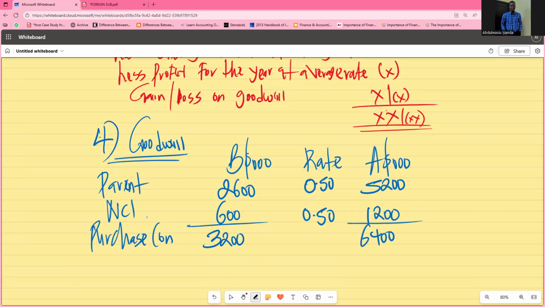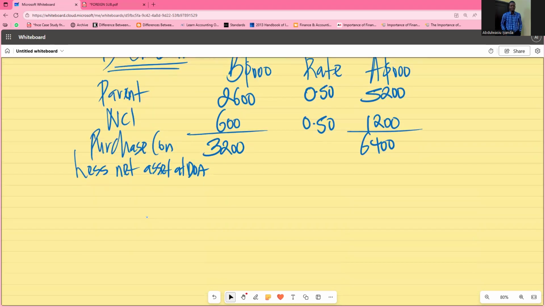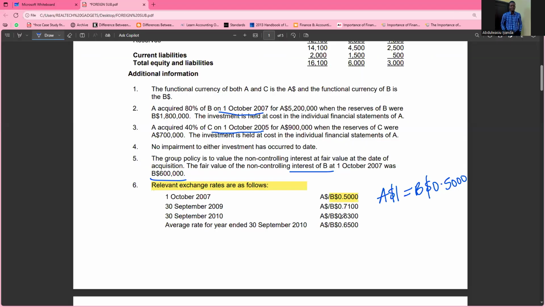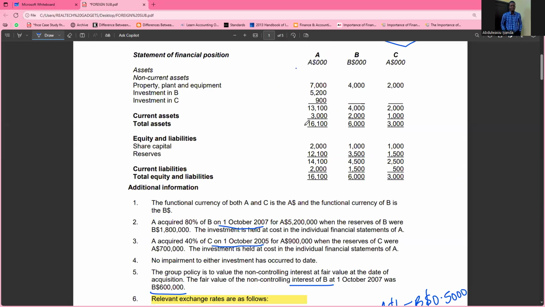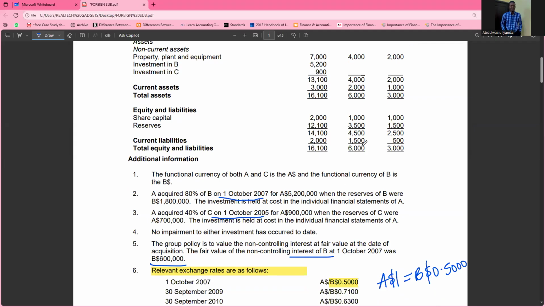Then you are going to say less net assets at date of acquisition. So what you can do now is basically this is what they will have. This is 1,000, this one will not change. Then what is their retained earning?